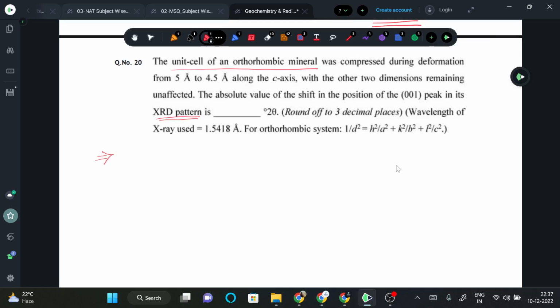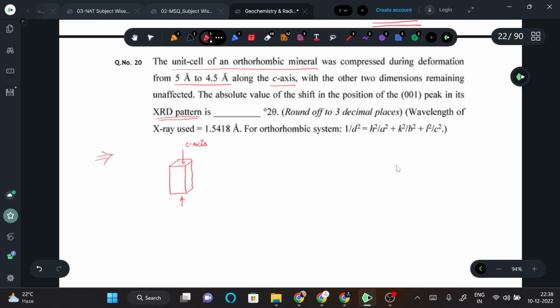It was compressed during deformation from 5 angstrom to 4.5 angstrom. So basically, this is an orthorhombic mineral. Orthorhombic mineral looks somewhat like this. Along the C axis, it is getting compressed.